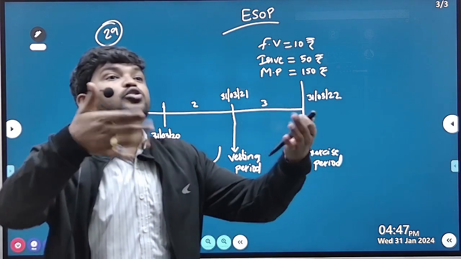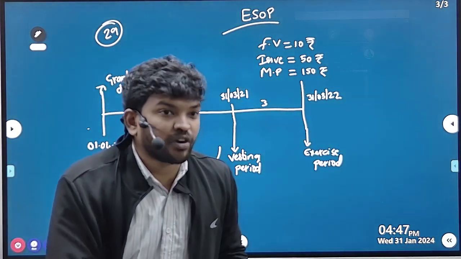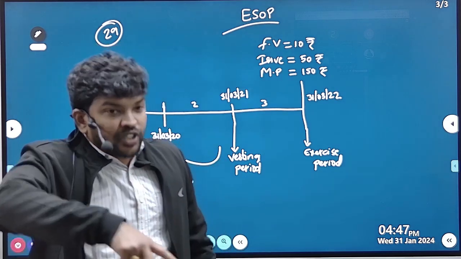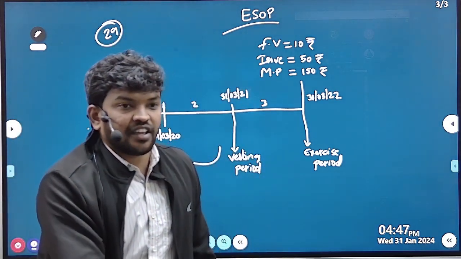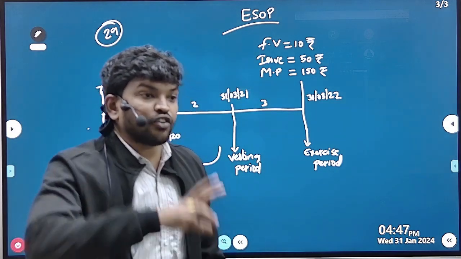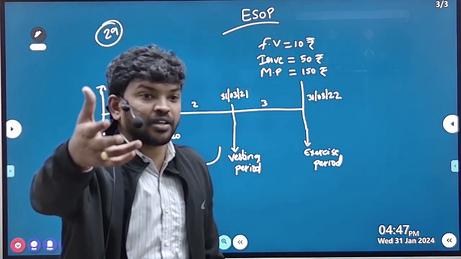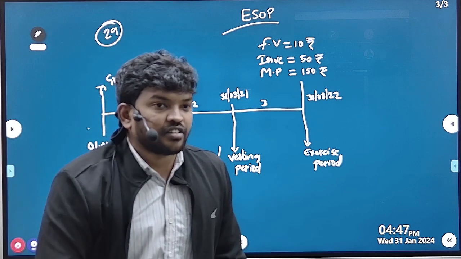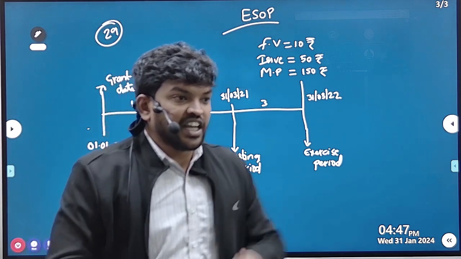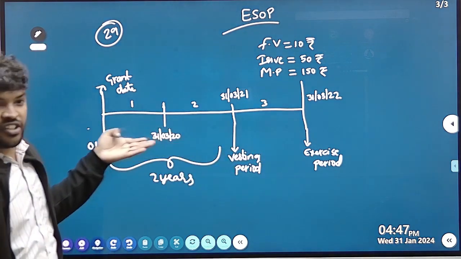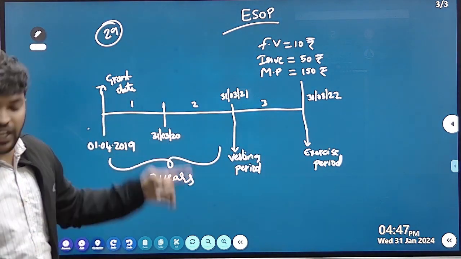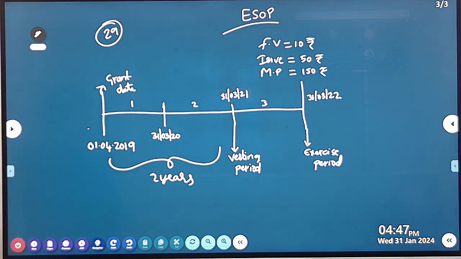Account for all possible losses but not for income or gains. So if you know that there is loss in the future, account it right away in this accounting year. But if you know that certain income is coming in the future, don't account for it. Understanding? Conservatism. So 2 lakhs. Yes. Per year how much? 1 lakh.